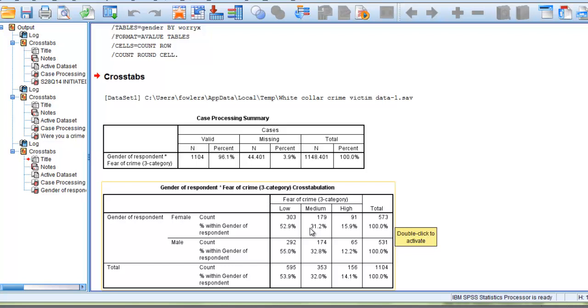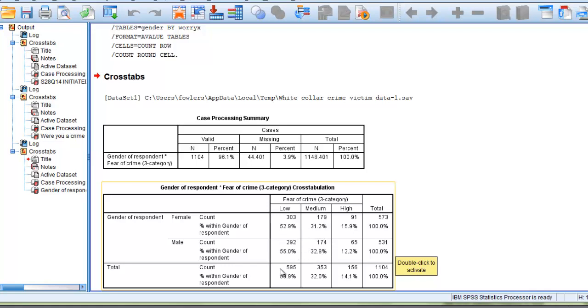The most common answer for both men and women is low fear. The least common answer for both men and women is high fear. But in this instance, there's very little difference. There's a slight difference, and that slight difference goes to the medium category, and a slight difference for the low category.